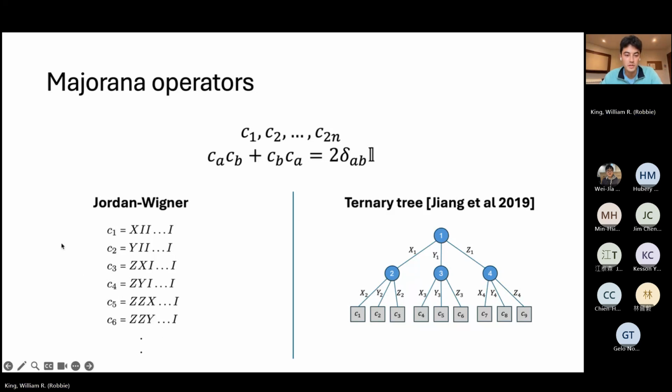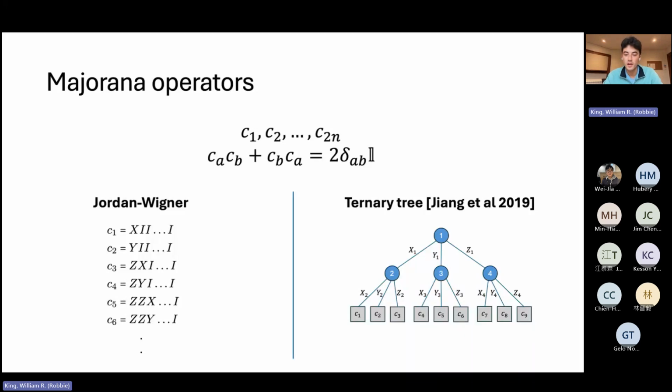The first example of this is the Jordan-Wigner embedding, which creates these strings of Z's before, and you can check they have the correct commutation relation where they mutually anti-commute. And there's another embedding you can do based on a ternary tree from this 2019 paper, which achieves that they all have log n locality, but still not constant.